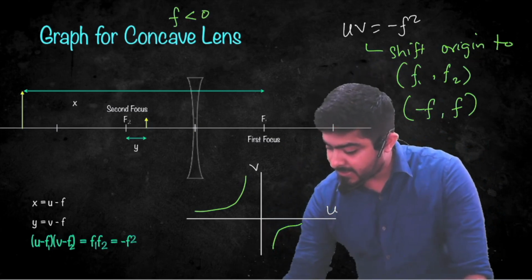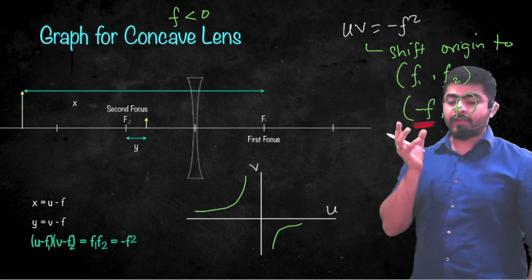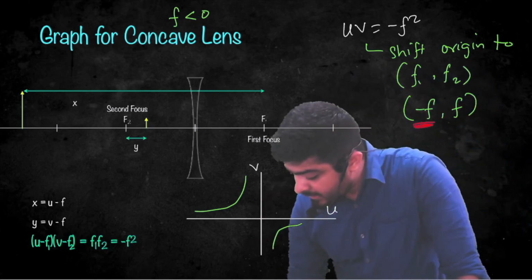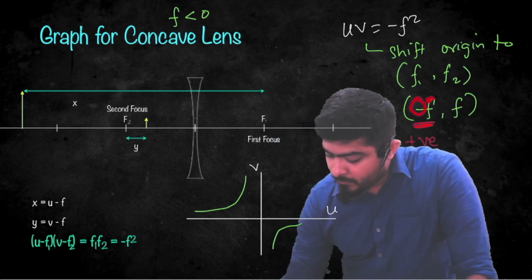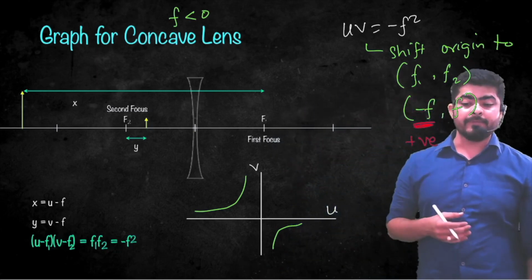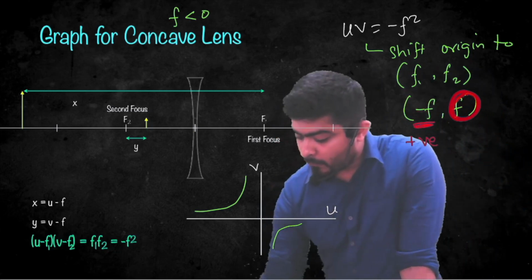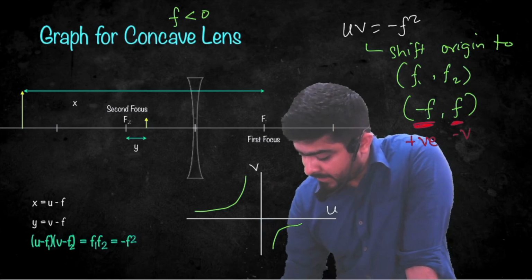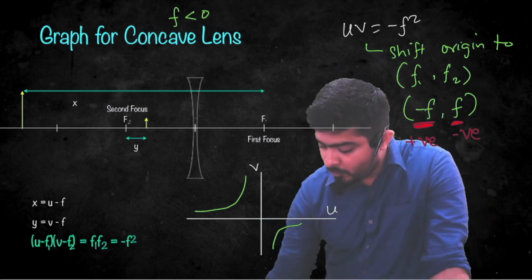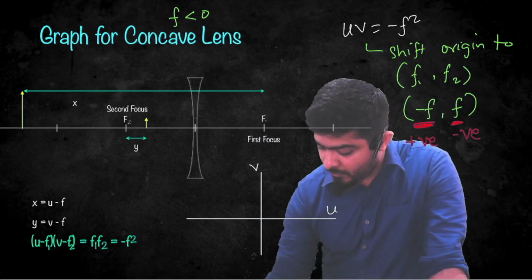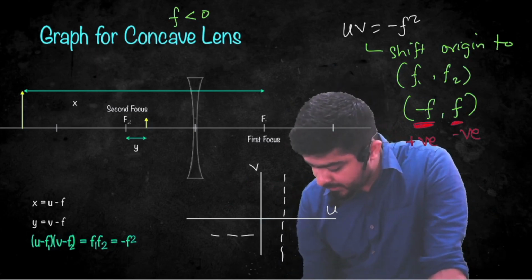So that means the x coordinate over here is actually positive. Okay, negative multiplied by negative will give me positive. Similarly, the y coordinate over here will be actually negative. So you are basically going to the fourth quadrant for shifting of origin. So I will draw the coordinate axis over here.